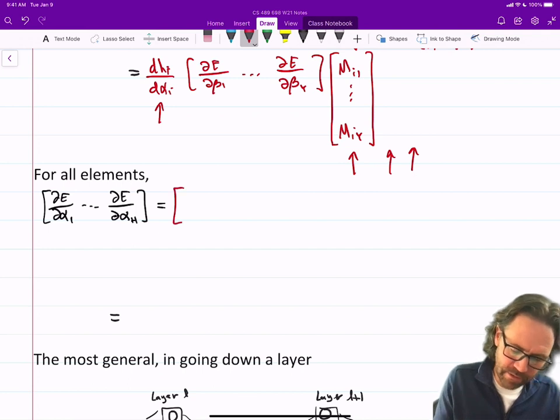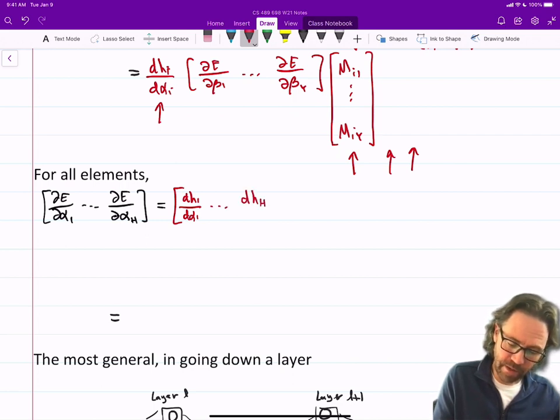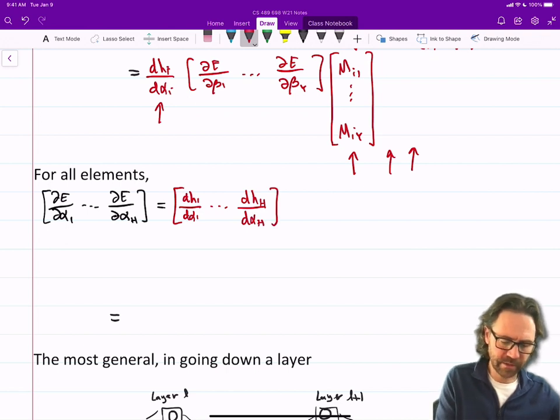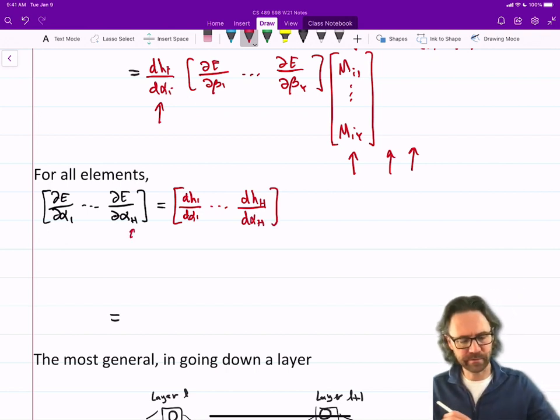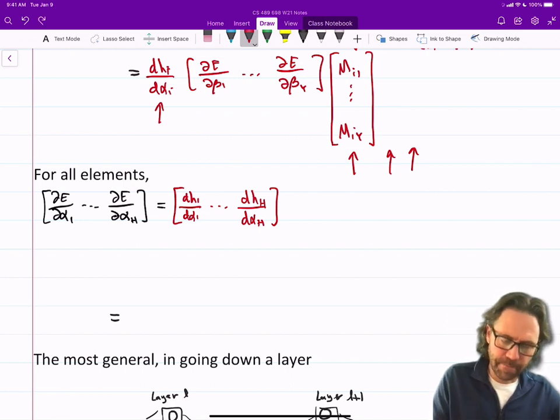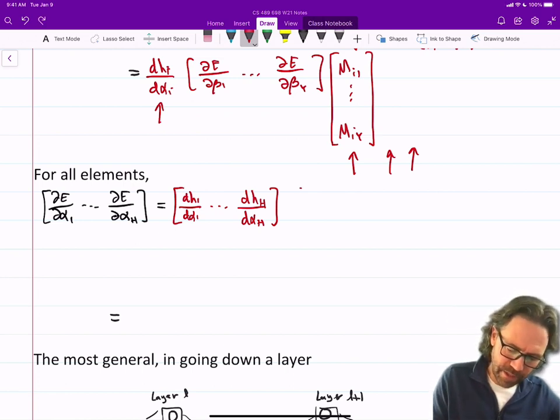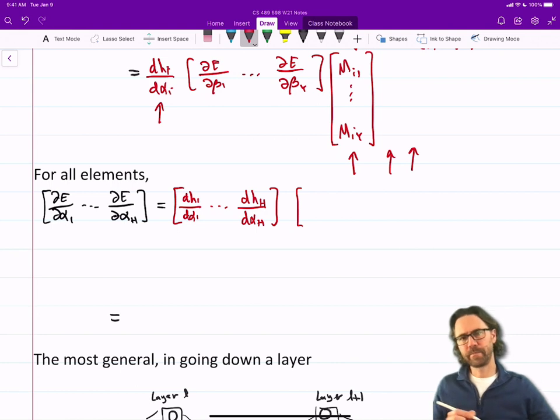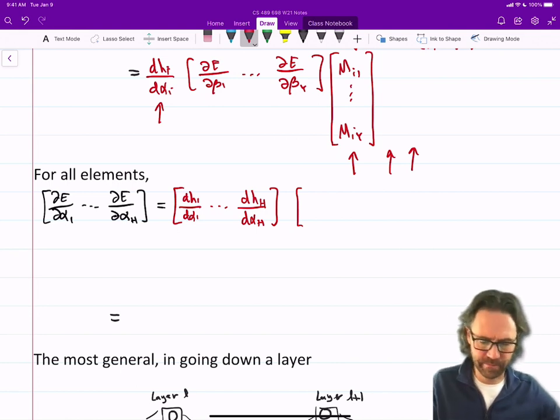So let me just write it out. ∂H1 by ∂α1 all the way to ∂H capital H by ∂α capital H, because we have capital H hidden nodes. Times. Now I'm going to leave a little space here because I'm going to put a special operator in there.